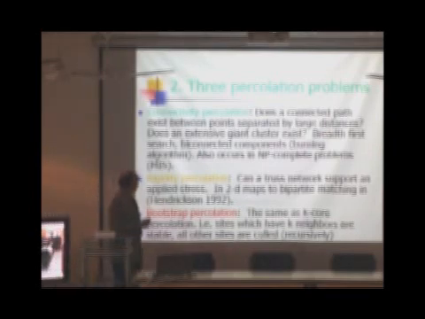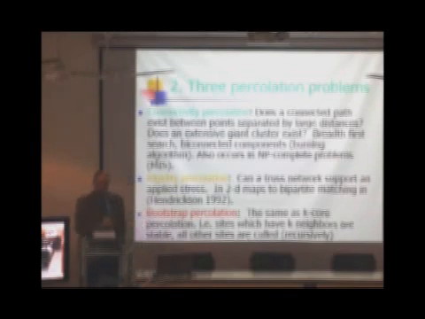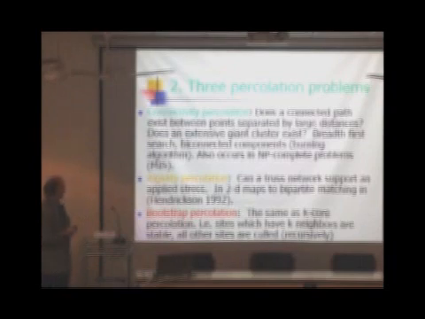So percolation problems, probably many people have heard of connectivity percolation. And connectivity percolation is just like percolation of water through a bunch of grains of coffee when you make your coffee. You can imagine when you put the grains of coffee into your coffee percolator, there is a network of pores that run from the top where you put the water to the bottom where it comes out nice and tasty.